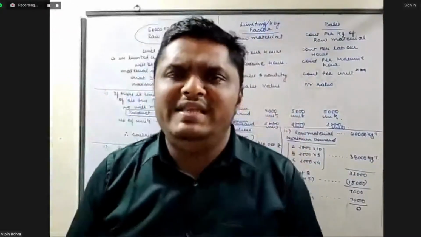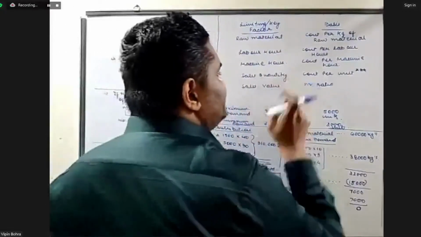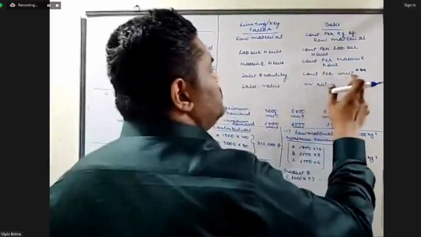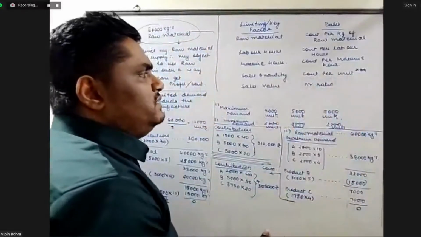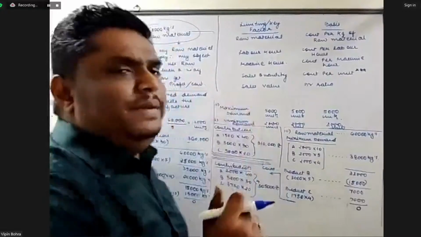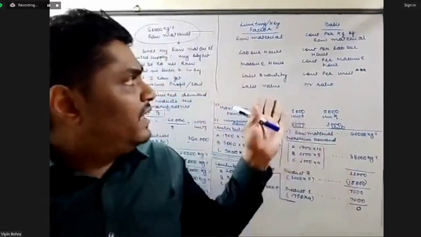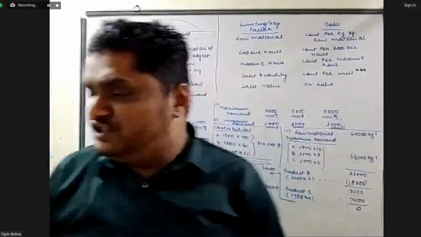It's by default, you can easily identify, but very important, if sales quantity is the limiting factor, then contribution per unit will be the basis of decision. And if the sales value is the limiting factor, my decision will be based on PV ratio. I request you guys to please copy this explanation.